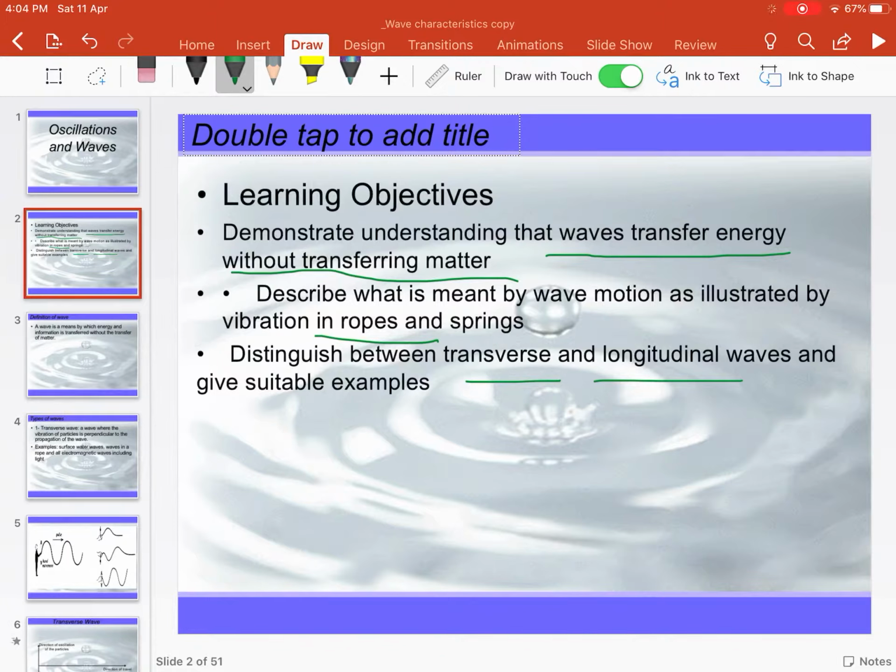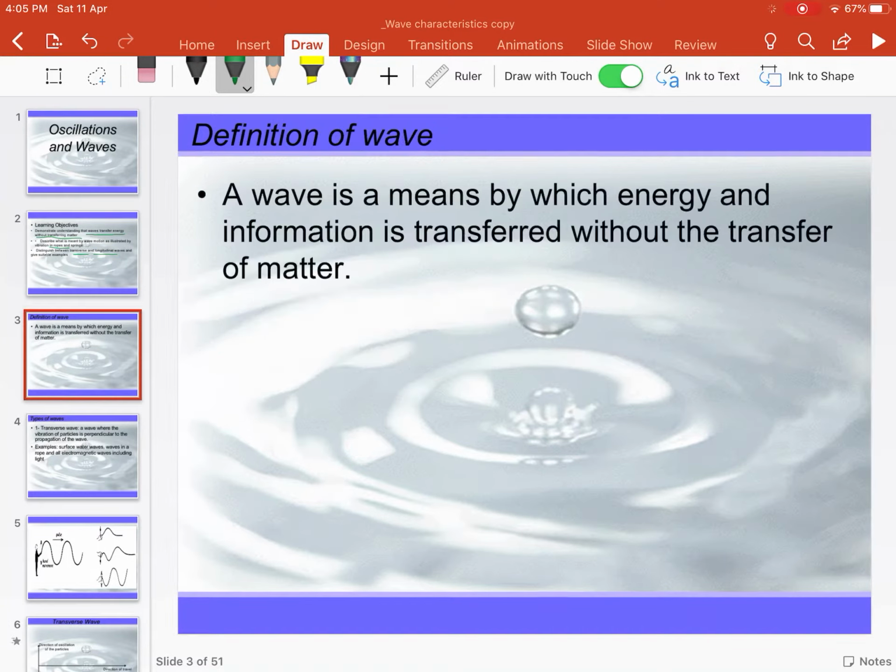To start with, guys, there are two types of waves that we will talk about. But before we do, we need to know what is a wave. A wave, this is the best definition. It was very hard to define, but the best way to say it is just a means by which energy can be transferred.